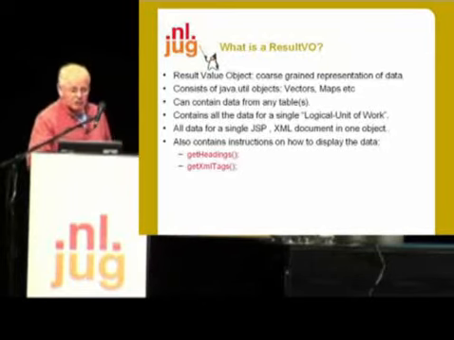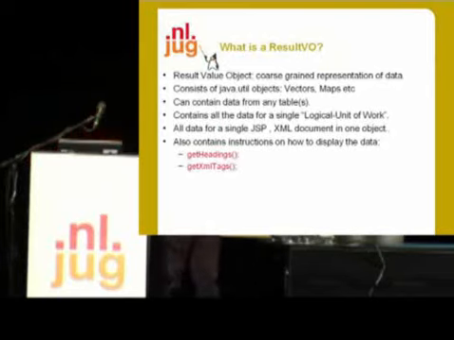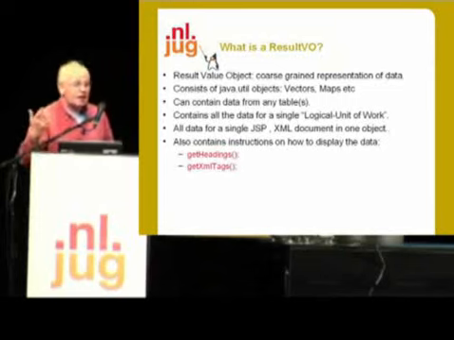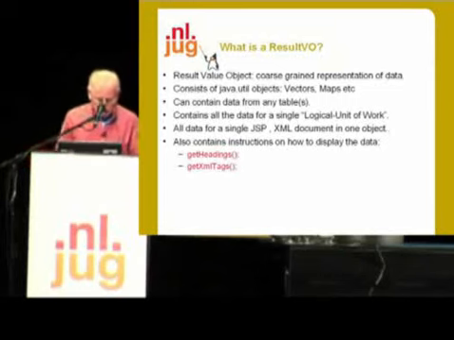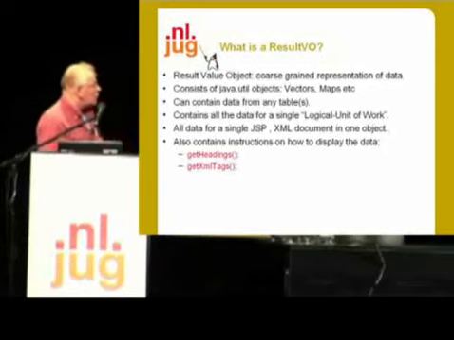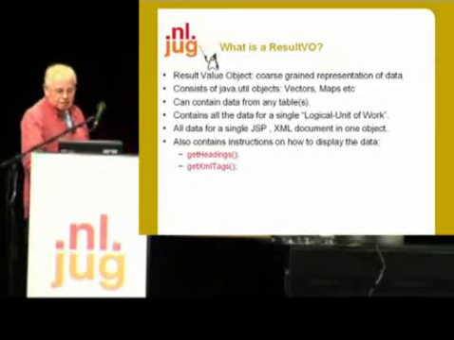We also have general data, which has a one-on-one relationship with the screen. So we're showing here the department name and the manager and stuff like that. So that's what is contained in our result value object.